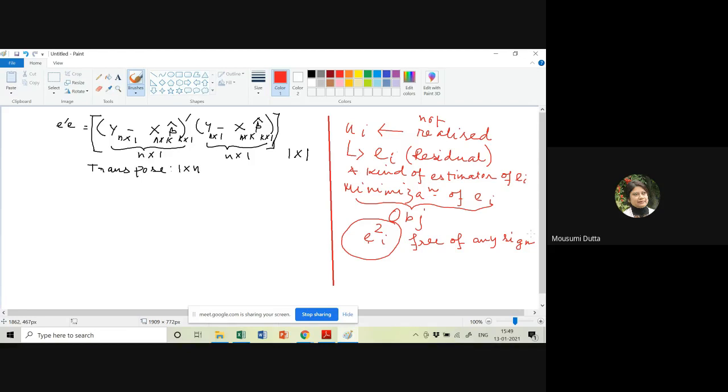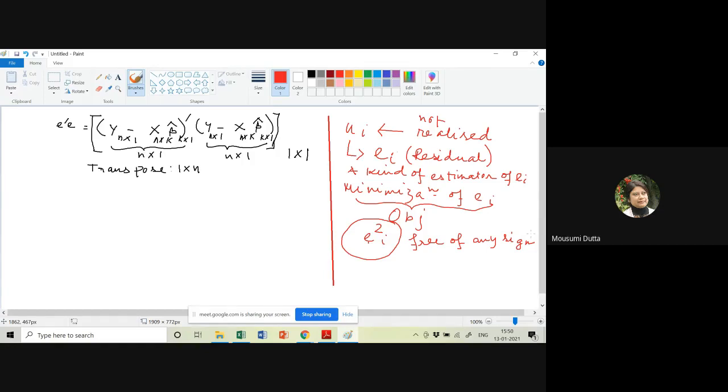Second, we will not minimize E1 square, then E2 square, then E3 square, etc. So sequentially, we will not minimize EI square. Rather, simultaneously, we will try to minimize the entire error possibility.